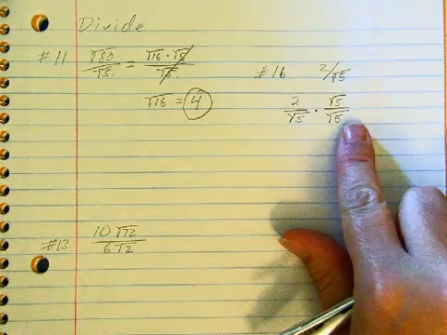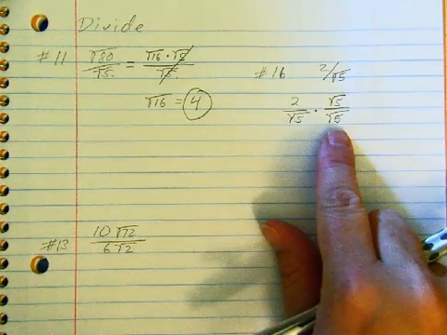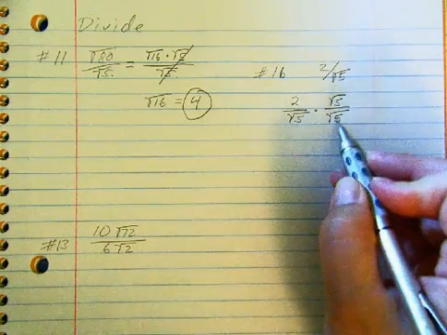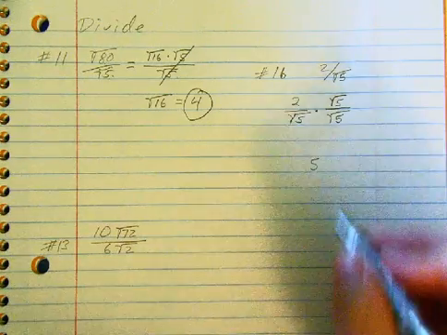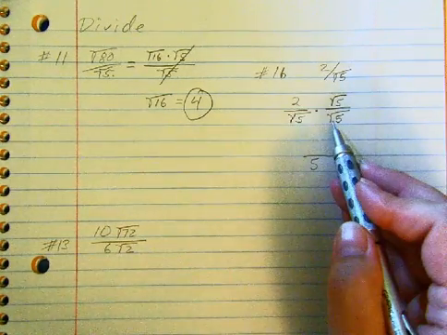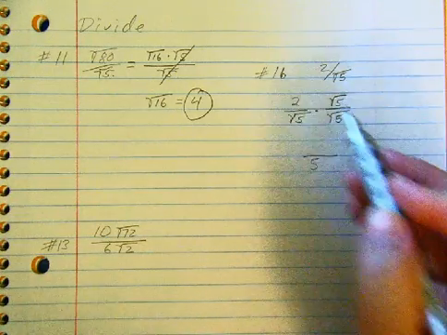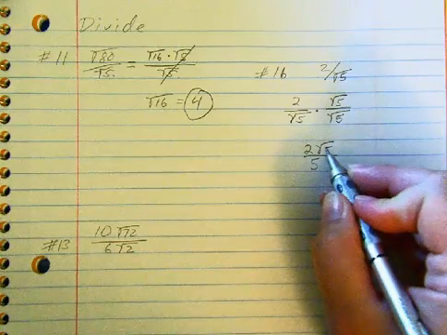Okay, so we're going to take our original problem, 2 over square root of 5 times square root of 5 over square root of 5. So on the bottom here, I'm left with 5. Okay, because square root of 5 squared just leaves me with 5. On the top, we're going to multiply those together and we get 2 square root of 5.